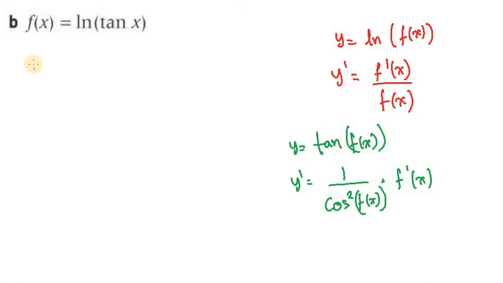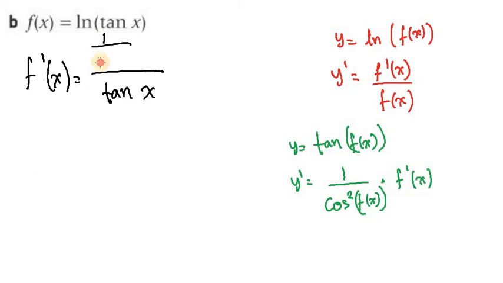So with that, we can have f'(x) equals the derivative of ln tan x, so f(x) in the bottom here will be directly tan x. Now the top one will be the derivative of tan x. The derivative of tan x is 1 over cos square x times the derivative of x, because this is not f(x), only x.